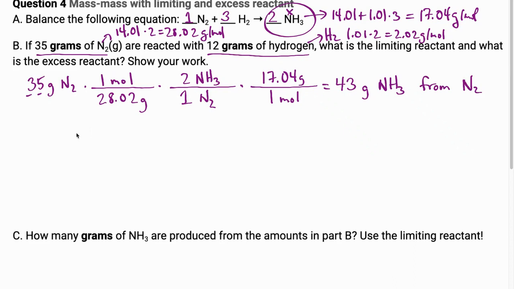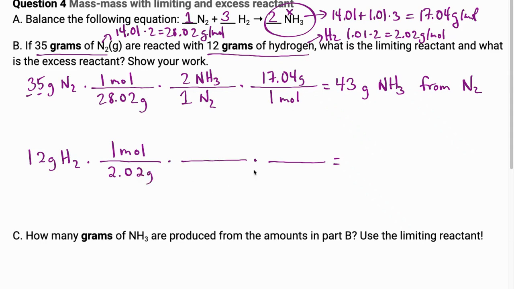Let's do the same mass to mass conversion with our 12 grams of hydrogen. So 12 grams of hydrogen. Let me set up my conversions here. We've got hydrogen first. I need to change to moles of hydrogen by using the molar mass of hydrogen, which is 2.02.